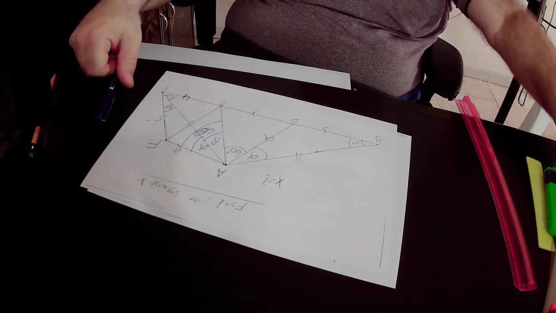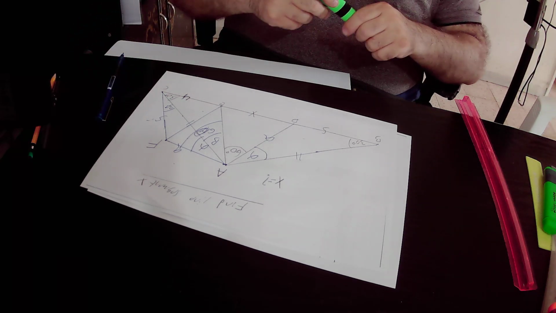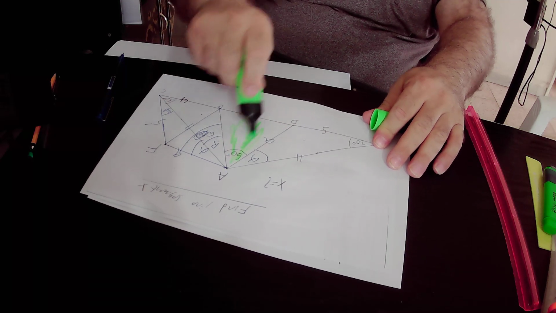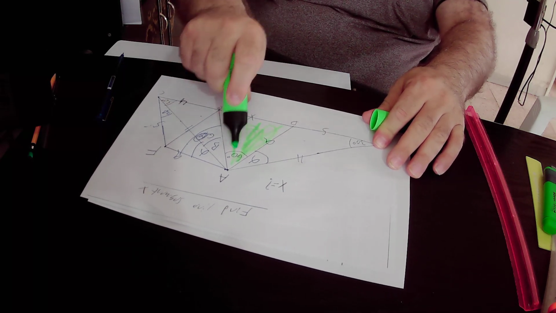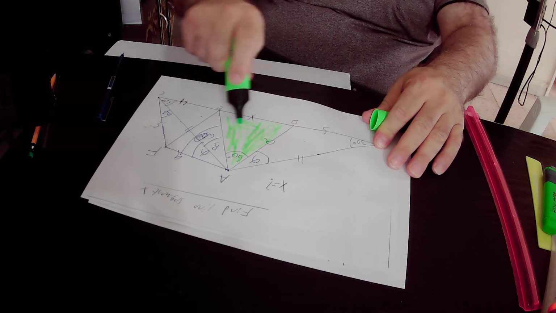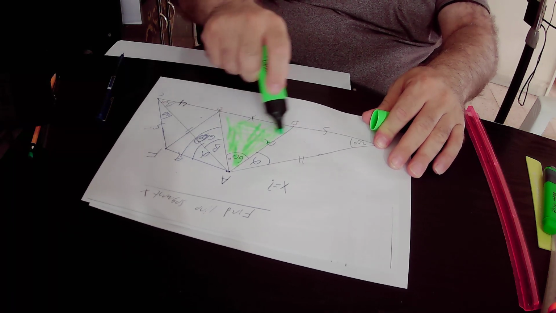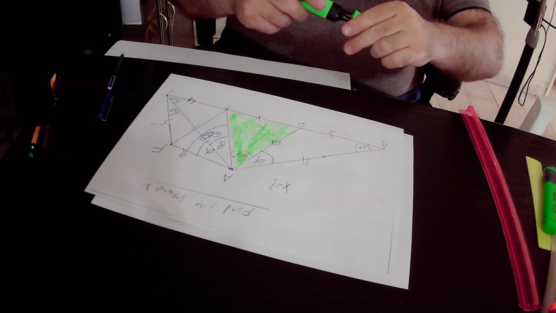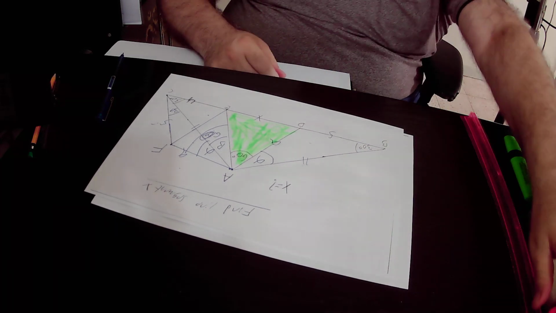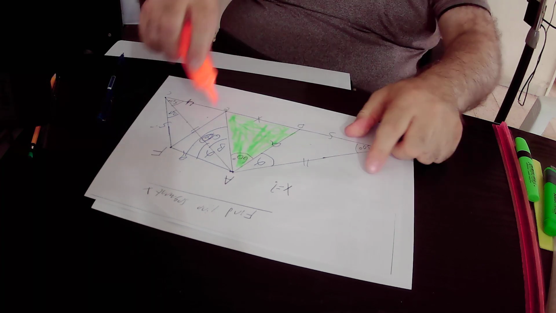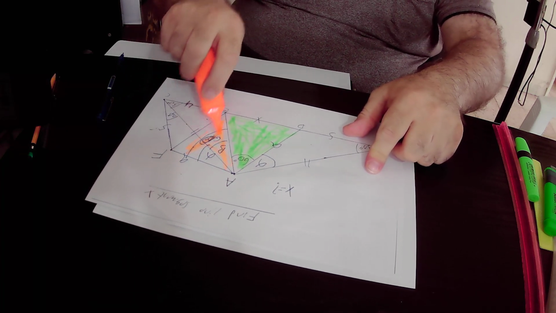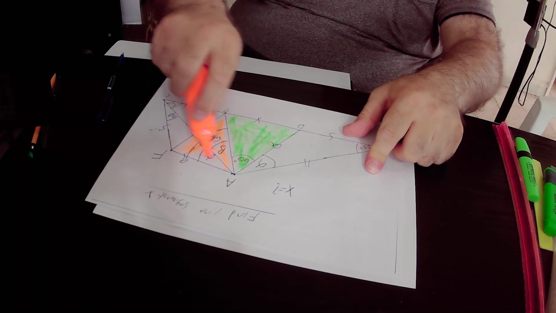Now we'll prove that the green triangle ADE is congruent to the orange triangle AEF. So why can those two triangles go into each other?